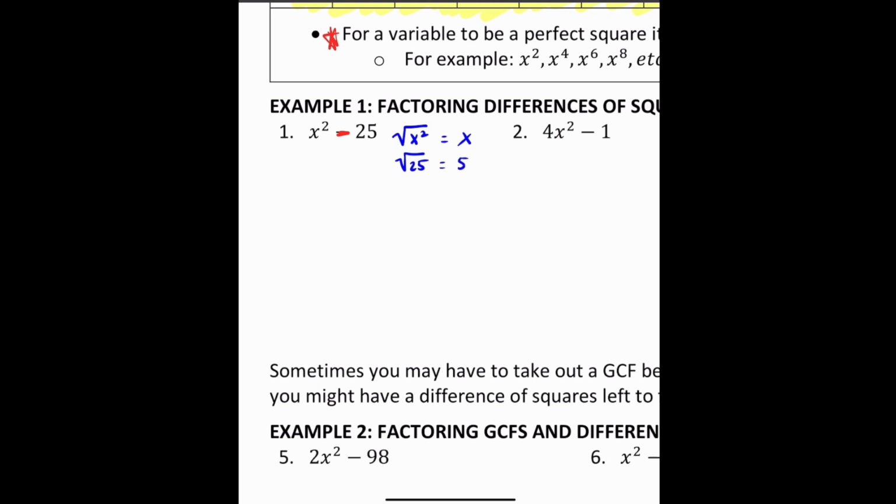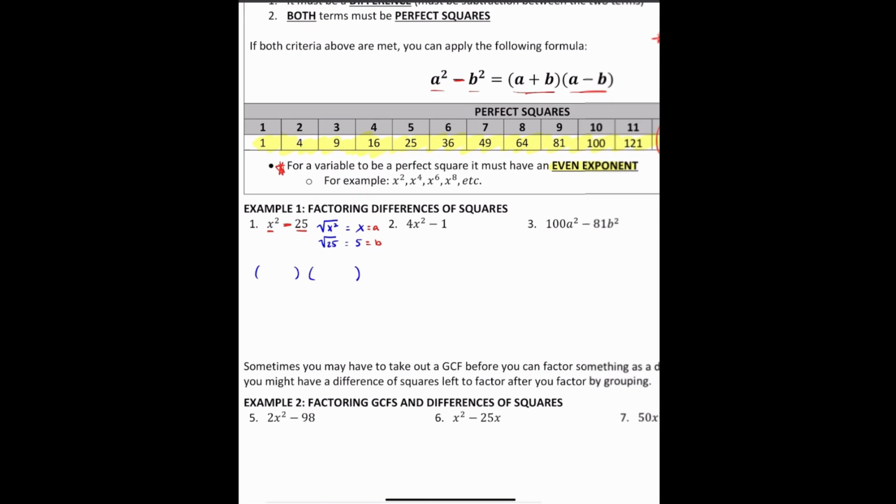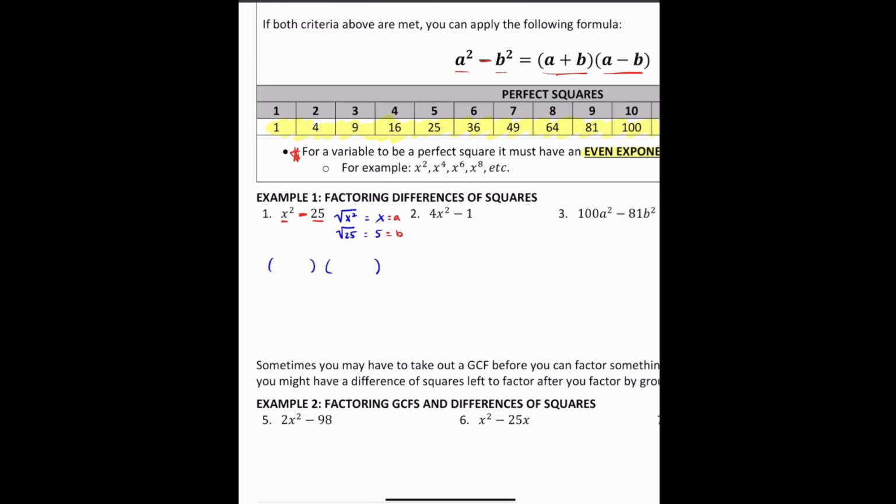So let's go ahead and build our answer. Note that since this is the first term, this is a squared, right? So therefore, this is a. And 25 is b squared, therefore 5 is b. a goes first, so it's going to be x.